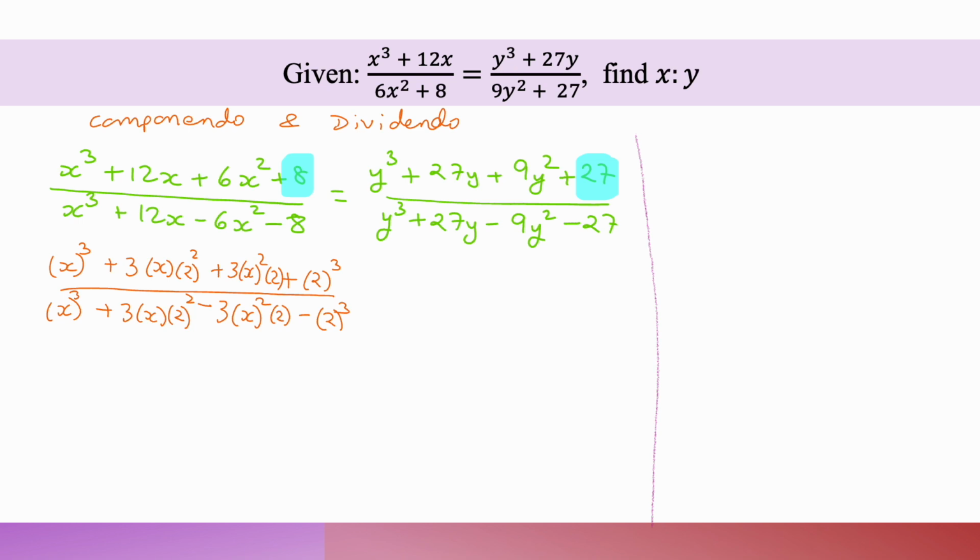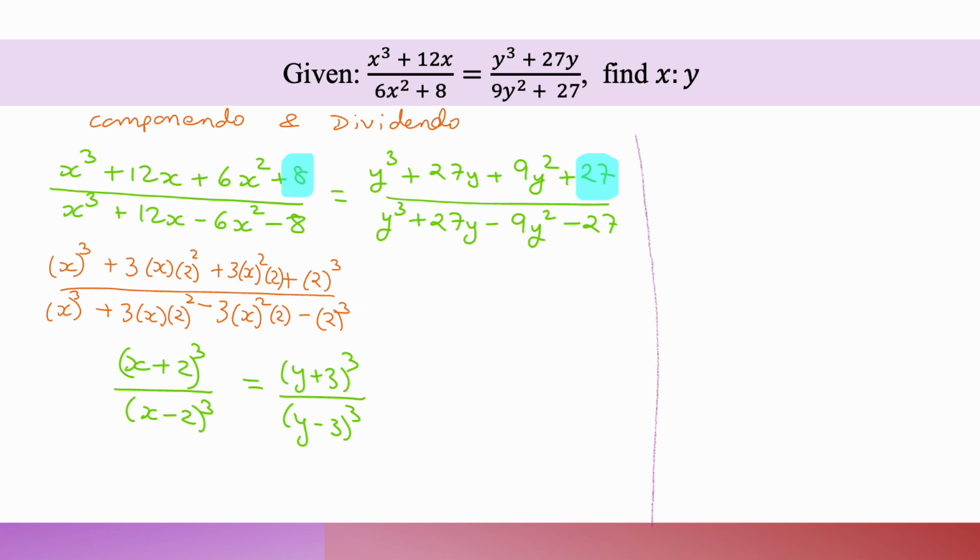So using these two identities in the left hand side, we get (x plus 2) whole cube upon (x minus 2) whole cube. Similarly, if we see on the right hand side, it forms the identity of (y plus 3) whole cube in the numerator and (y minus 3) whole cube in the denominator.